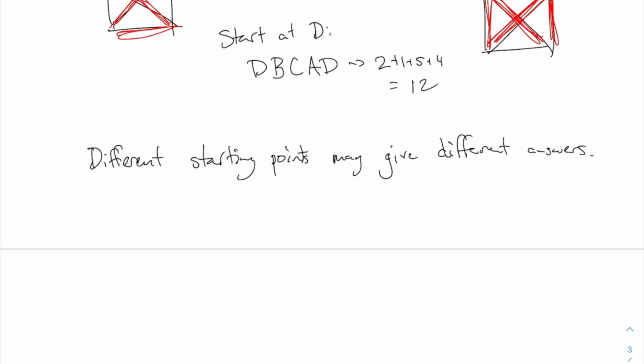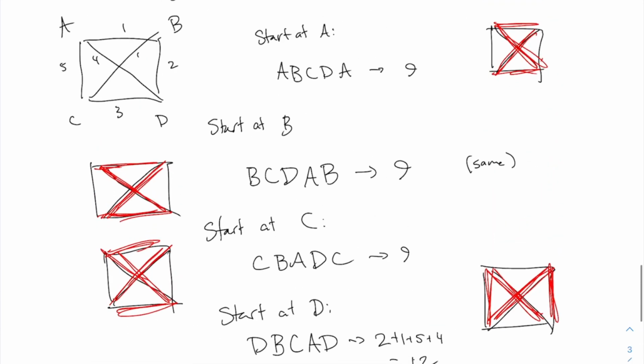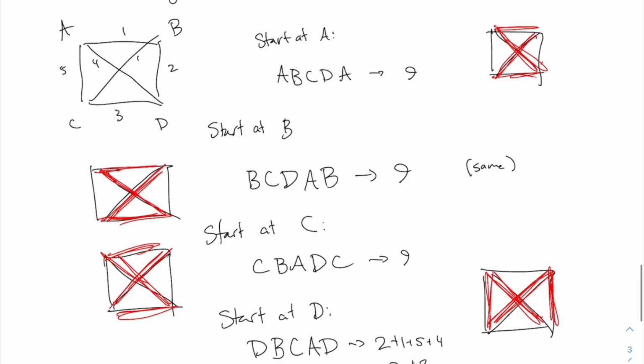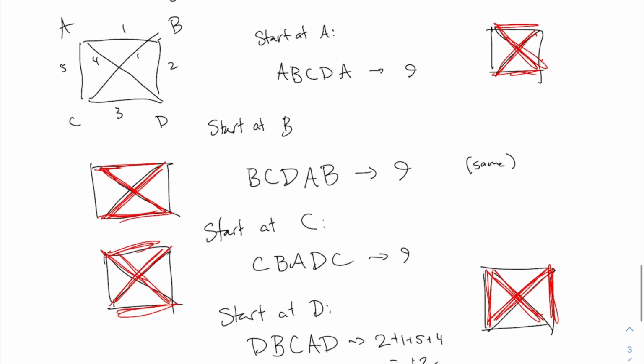And because of this, if you really want the best answer, but you really don't want to do the brute force, we can do something called the repeated nearest neighbor. What that means is you just try every different starting point and do it, like I just did. Do it 4 times and choose the best out of all 4. This is still a lot faster than doing the brute force, and it gets you a pretty good answer. It's still not guaranteed to be the best answer.